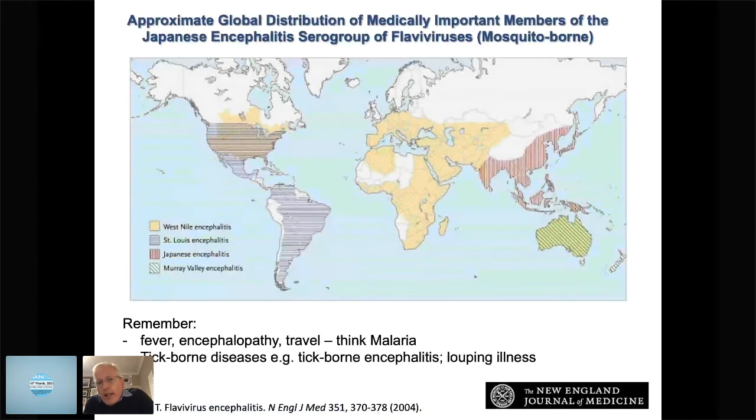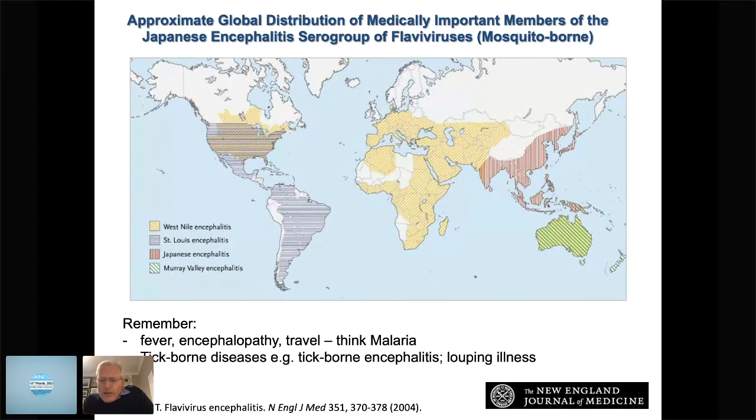So worldwide, different etiologies to here in the UK. Mosquito-borne infections, very important. They can carry flaviviruses. Perhaps the best studied of these is Japanese encephalitis in the Far East. But elsewhere in the world, there are other flaviviruses such as West Nile virus in the Mediterranean basin and North America, and St. Louis in North and South America.